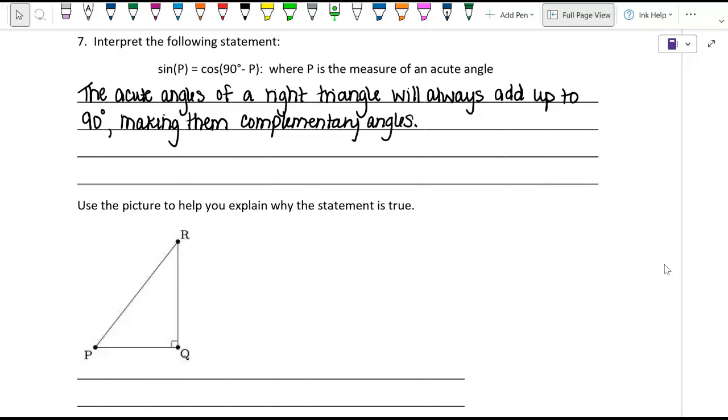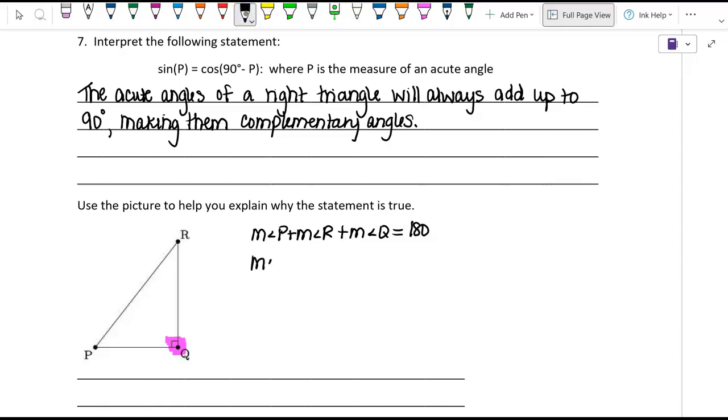So if I use this triangle down here, the measure of angle P plus the measure of angle R plus the measure of angle Q have to equal 180. We said that applies to any triangle. Now, specifically in this triangle, we know the angle Q is 90 degrees.